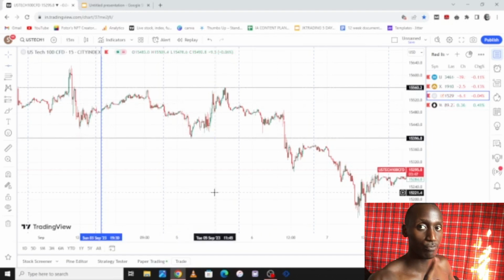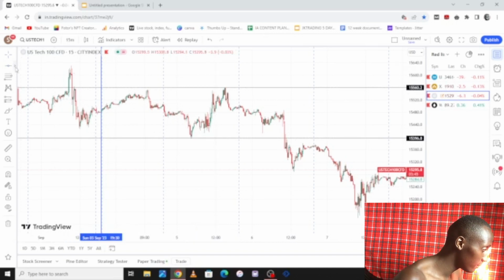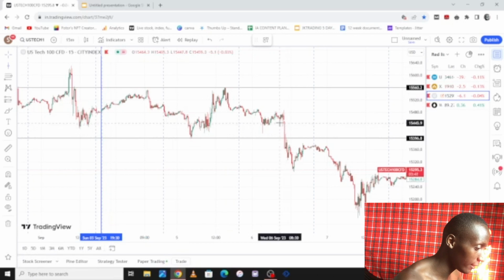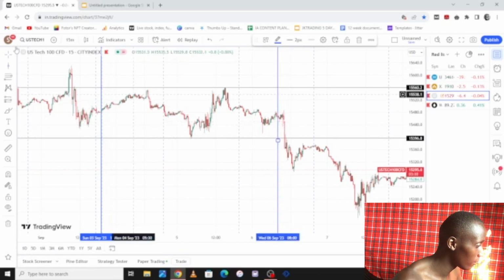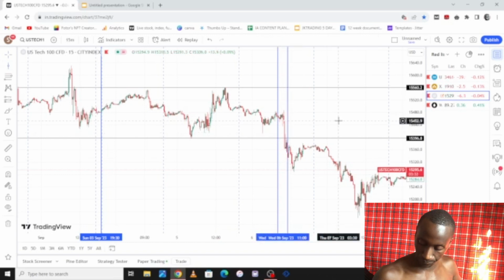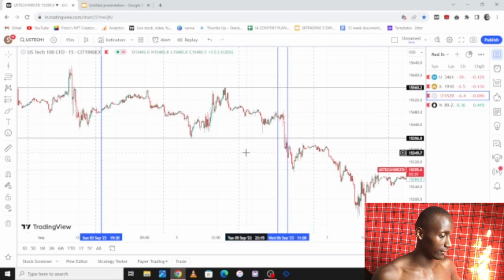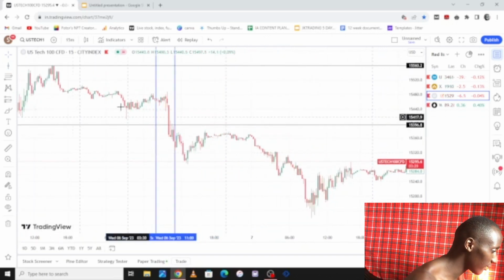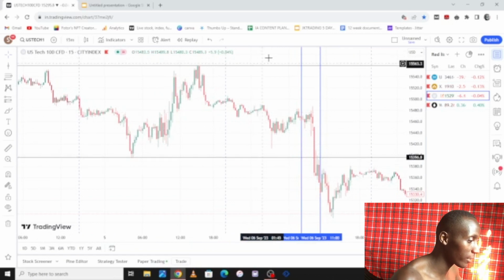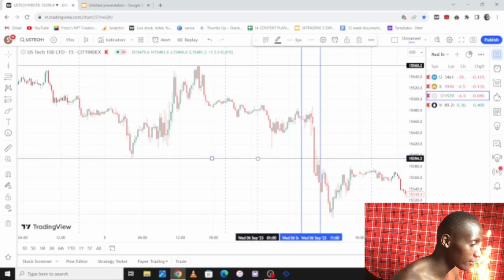Step number 2, on Thursday, I just draw my lines at 8 to 11 a.m. Once we have our lines, we look for price action before the lines. Do we have a range extension? So if we have price breaking out, all we do is just redraw our lines, our new high and our new low of the week.